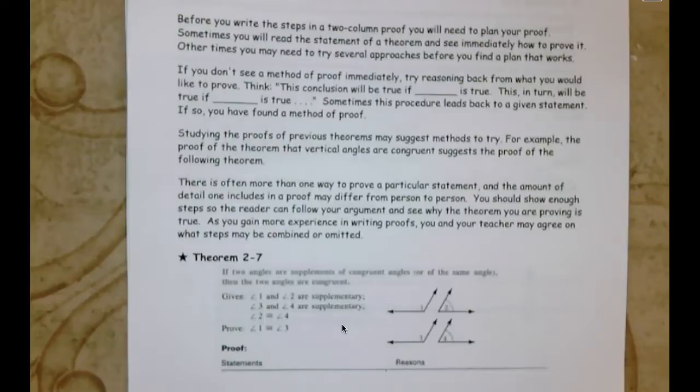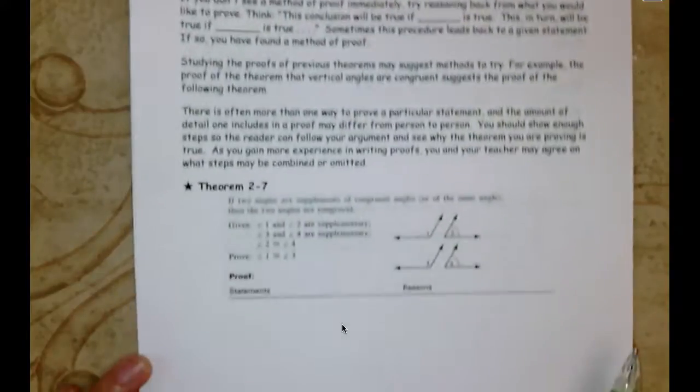As you gain more experience in writing proofs, you and your teacher may agree on what steps may be combined or omitted. Okay, so we start with writing out everything, and as we practice, and as I understand that you know what you're doing, I may let you omit or combine some of the lines, okay? All right, so let's do this one together.